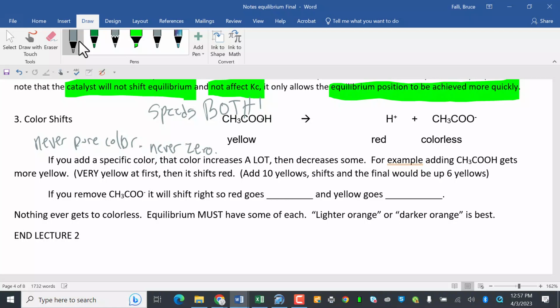So I can never have something be pure red. It's always going to be orange, right? Yellow and red make orange. If it's redder, it'll be darker orange. If I'm shifting left, it will become yellow, a lighter orange. If you add a specific color, that color increases a lot and then decreases some.